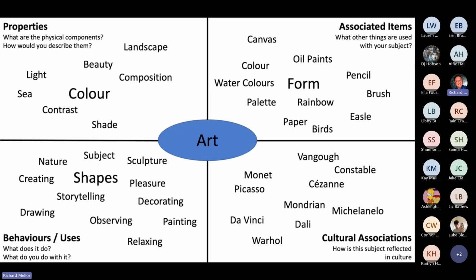And then for behavior, we've got shape, sculpture, pleasure, storytelling, decorating, observing, painting, relaxing. And then cultural associations, we've thought of artists like Van Gogh, Constable, Picasso, Monet, Dali, Da Vinci, Warhol. So that's just for art.